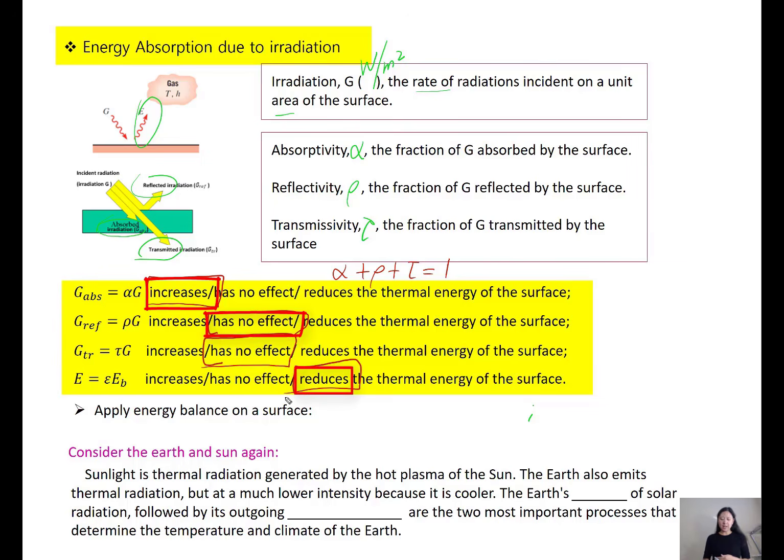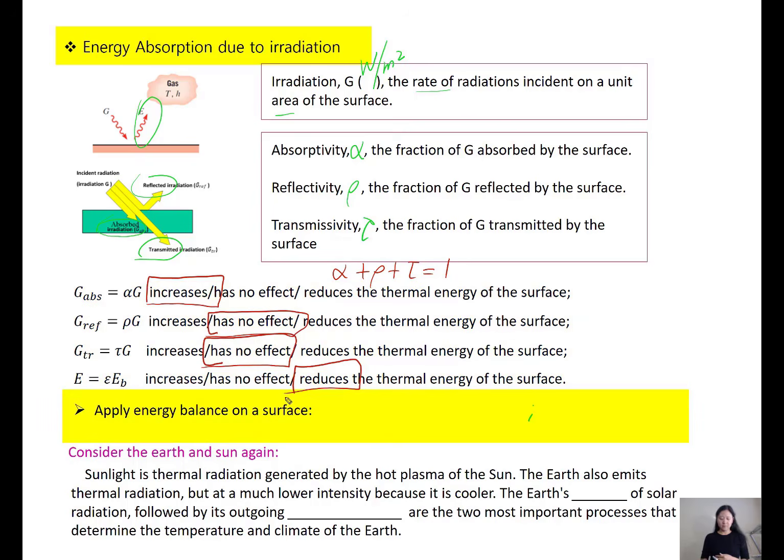So now we can apply energy balance on a surface. We want to find out the net radiation from a surface. We need to consider both energy outflow and inflow. The energy outflow is emission. And for the inflow, we only need to consider the absorbed part.